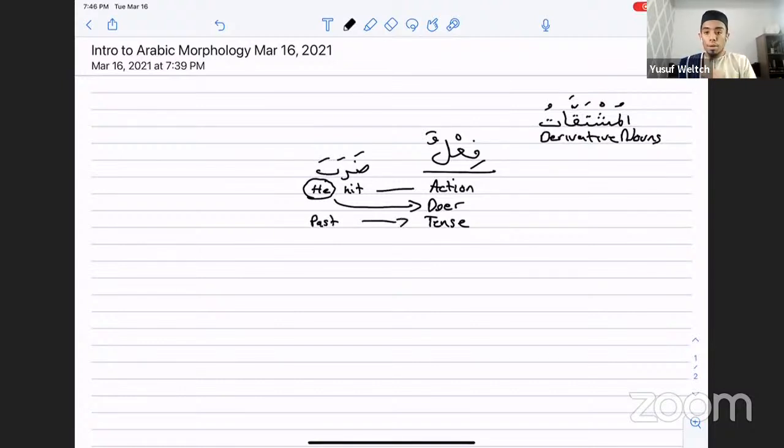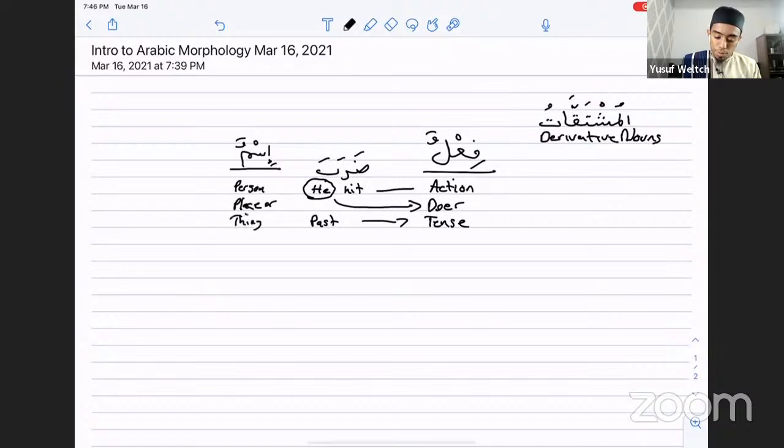However, a regular noun, because we're going to talk about a specific subset of nouns, which are derivative nouns. Now, a regular noun has a person, place, or thing, but it doesn't have a tense and it doesn't have an action.